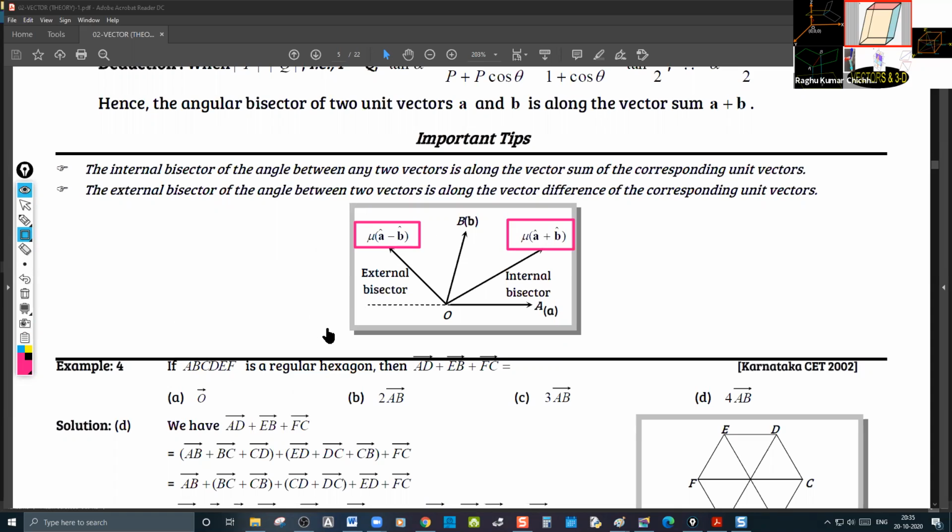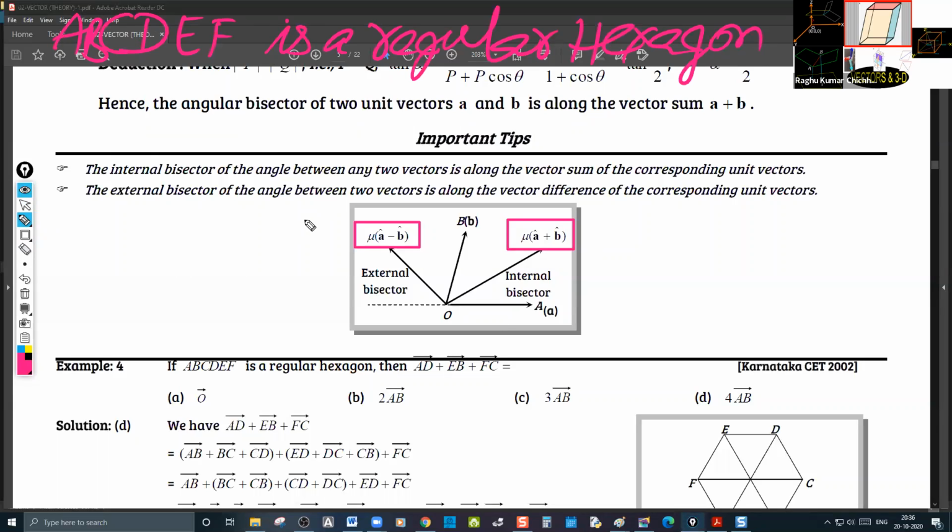Now, ABCDEF is a regular hexagon, then AD bar plus EB bar plus FC bar is equal to, this is what we have to find out.